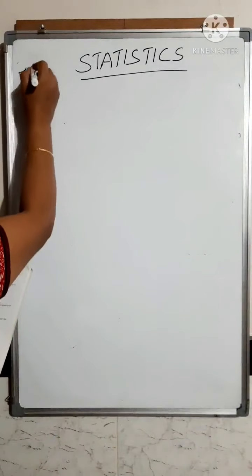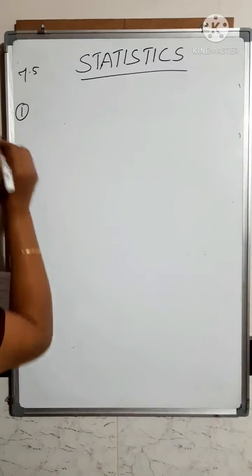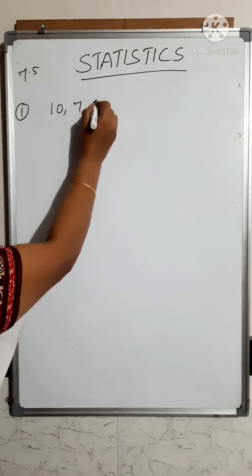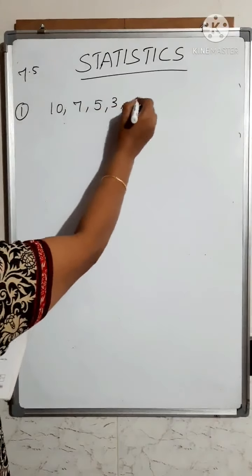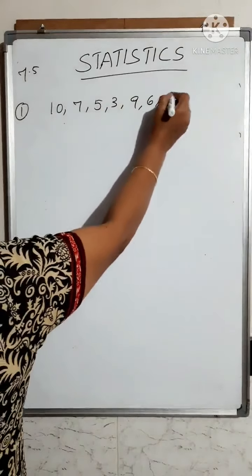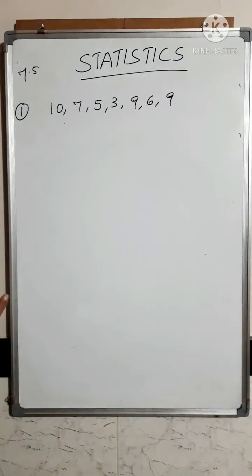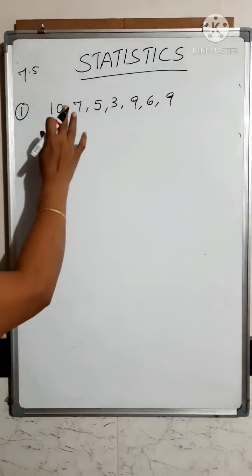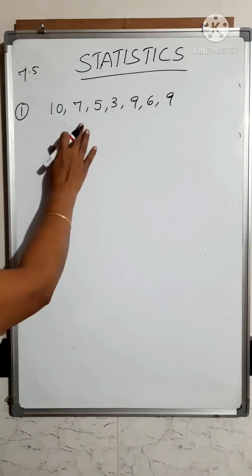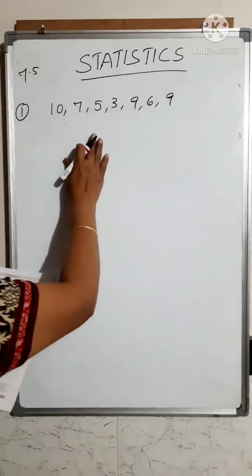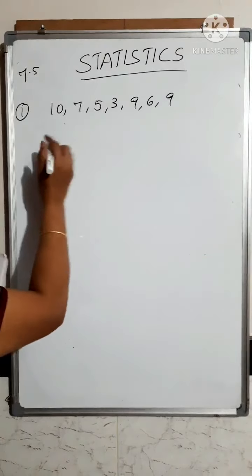So what are the scores given here? 10, 7, 5, 3, 9, 6, 9. They have asked you to find out the mean of the yield per acre. So this is the yield of soybean per acre in quintals that is given. So you need to find out what is the mean yield per acre.